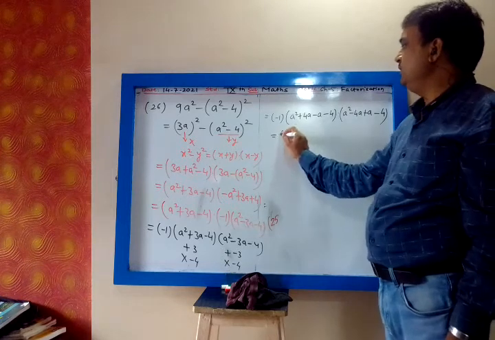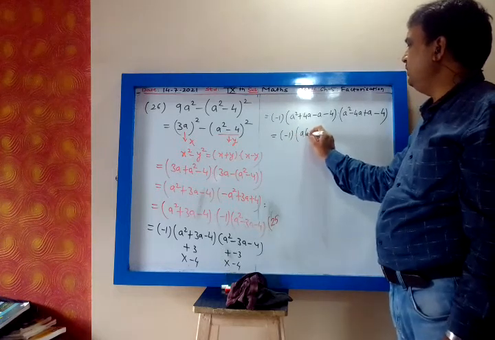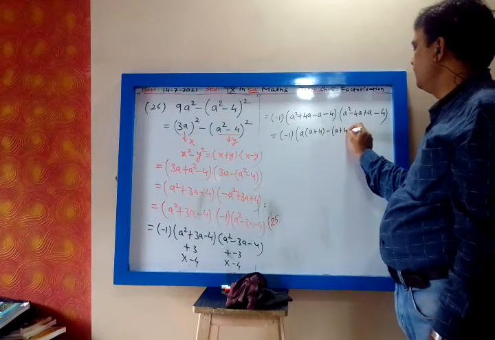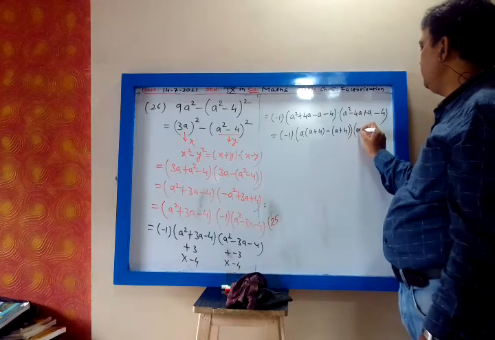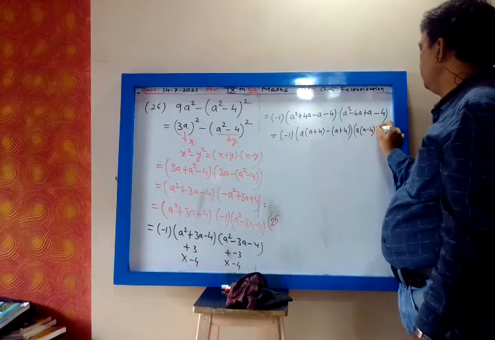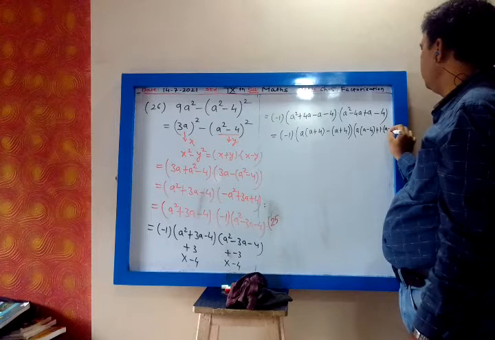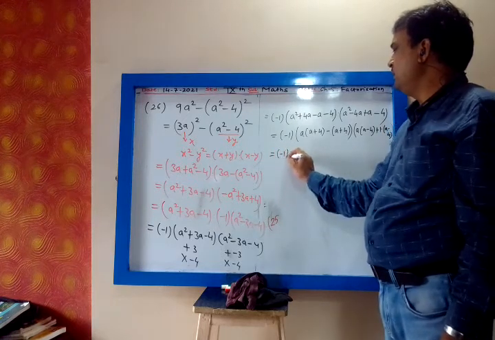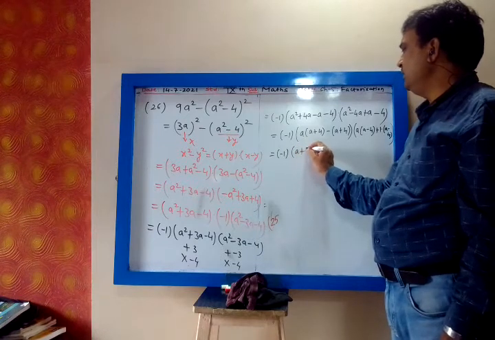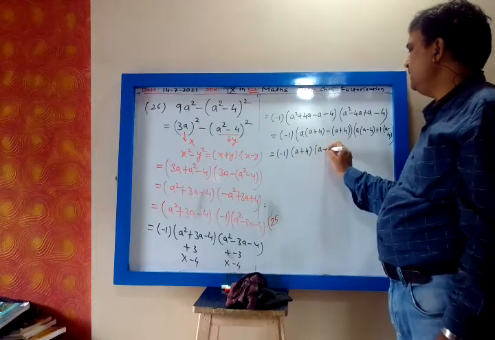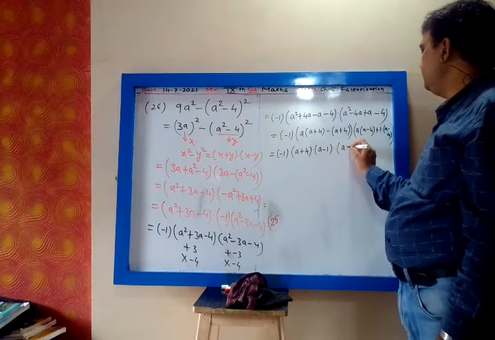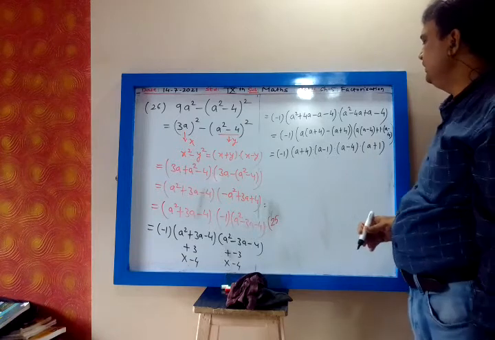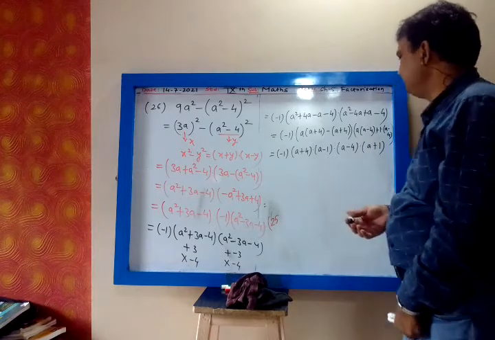So this is minus 1 into a common, (a plus 4), minus common (a plus 4). Second bracket, a common, (a minus 4), plus 1 into (a minus 4). Okay. So it is minus 1 into (a plus 4) is common, then (a minus 1), then (a minus 4) is common, then (a plus 1). And this is the factorization.